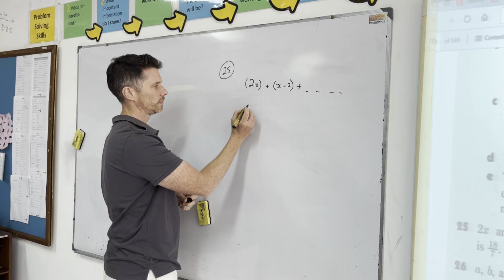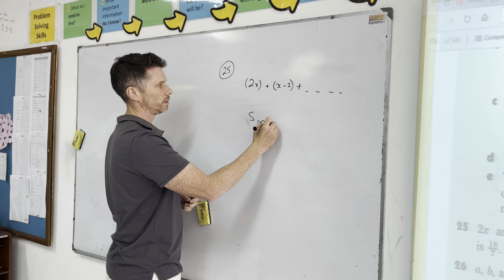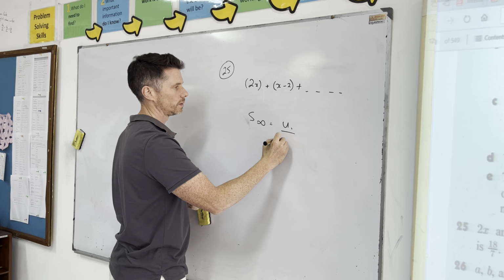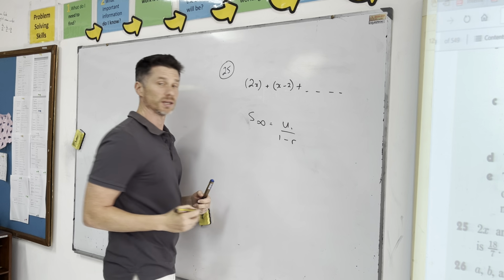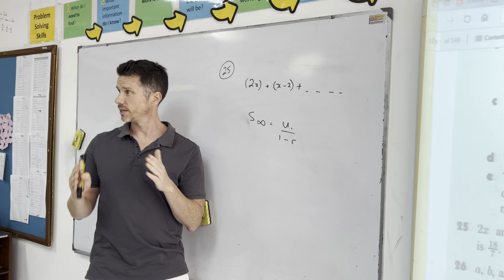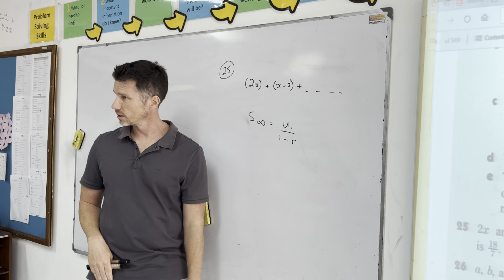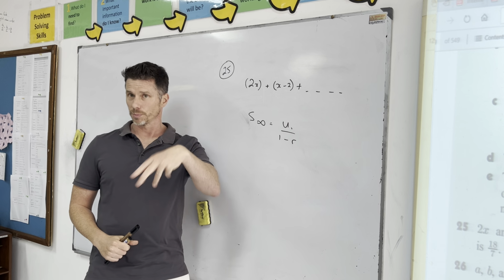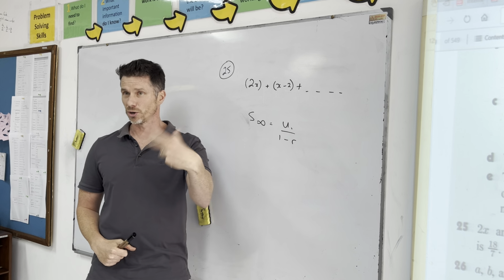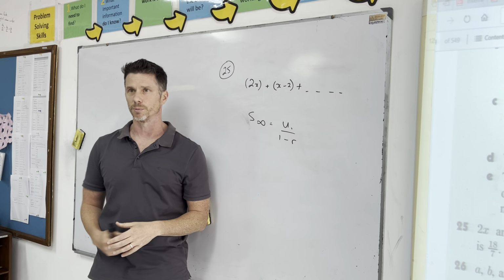The geometric sum to infinity. Because if the ratio is a fraction, then every next term is smaller than the last. When you add up something smaller and smaller, eventually the small bits don't matter, and it's those initial terms that matter.